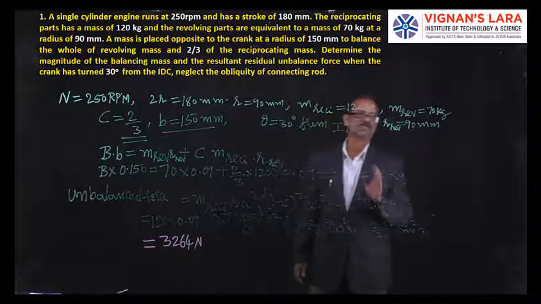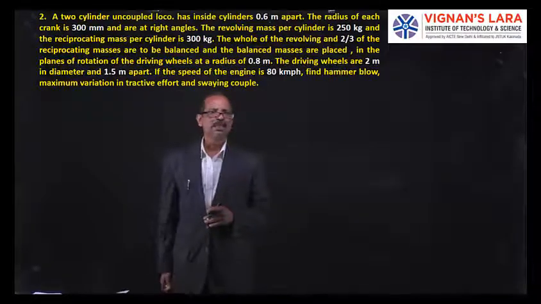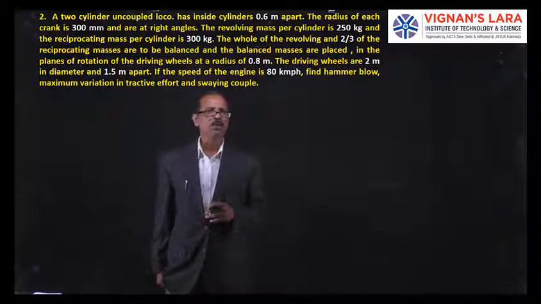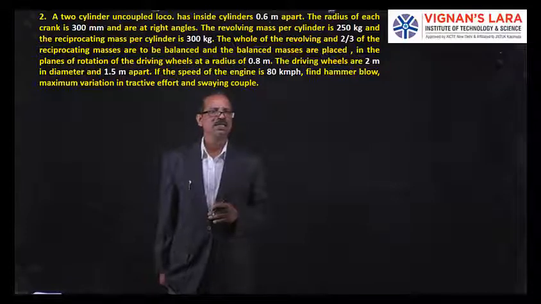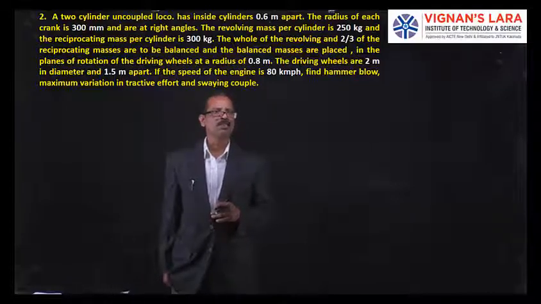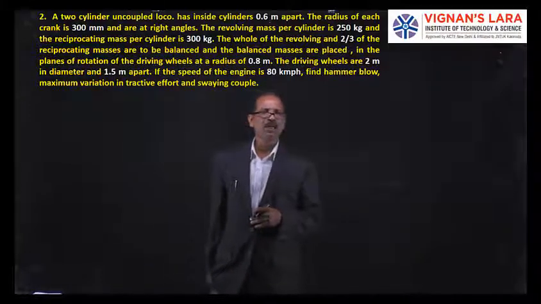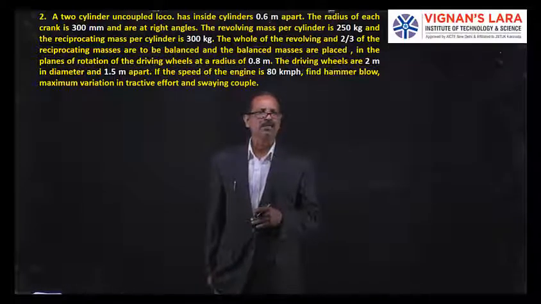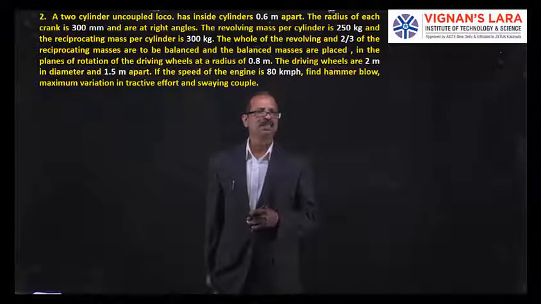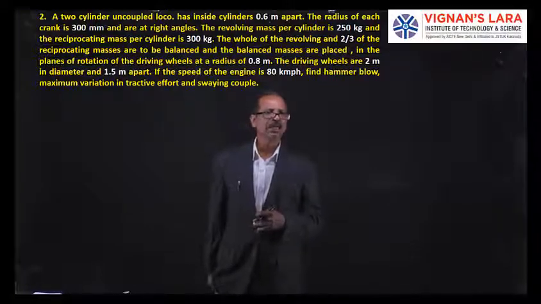Another problem: a 2-cylinder uncoupled loco has inside cylinders 0.6 meters apart. The radius of each crank is 300 mm and they are at right angles. The revolving mass per cylinder is 250 kg and the reciprocating mass per cylinder is 300 kg.